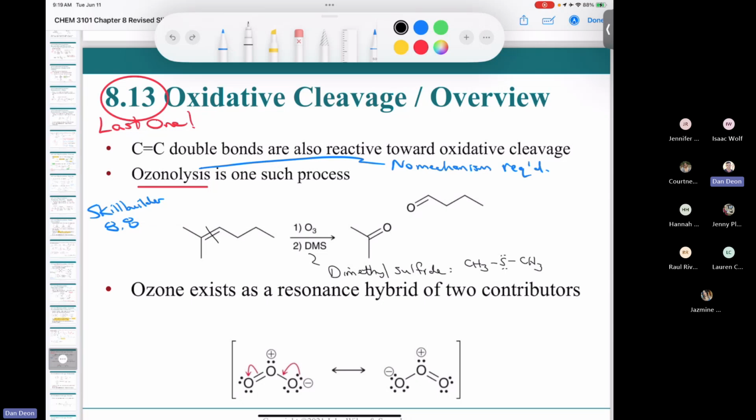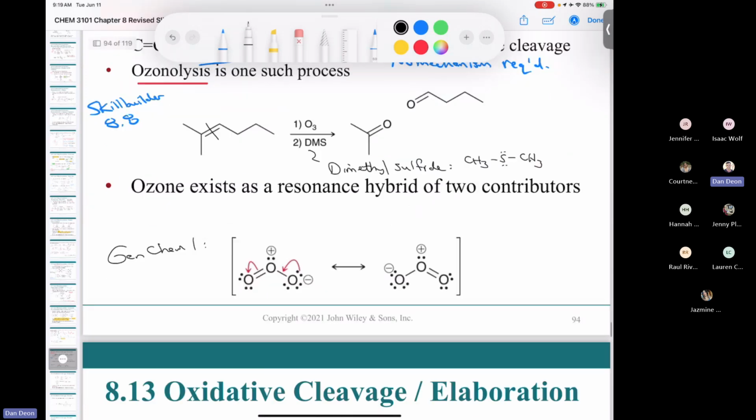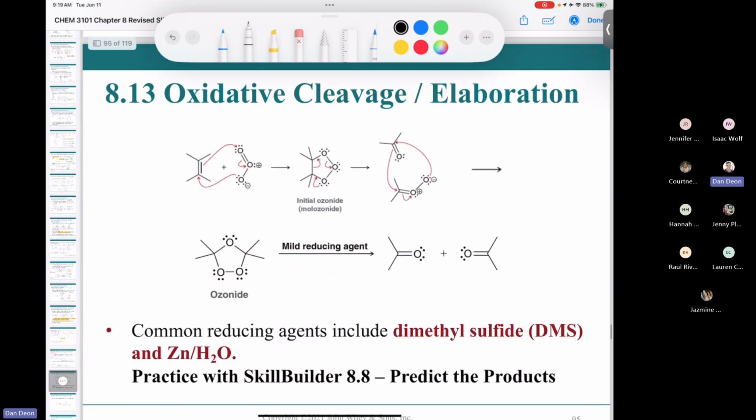Now, ozone, you probably remember this from Gen Chem 1. You would have had to draw the Lewis structure of ozone probably once in your life. Remember, it's a resonance hybrid of 2 contributors, and so they can attack the double bond through this concerted process here, and you end up with something called a molozonide.